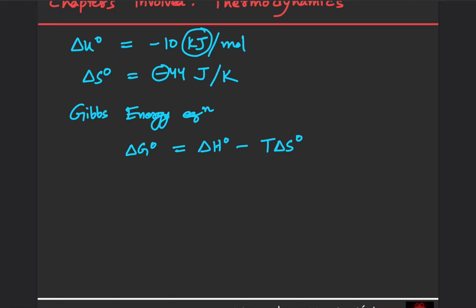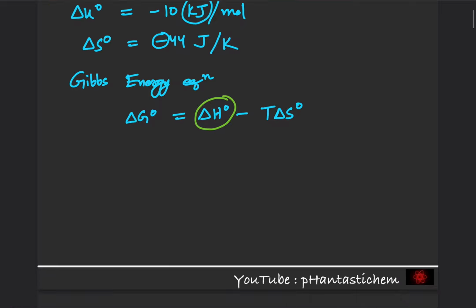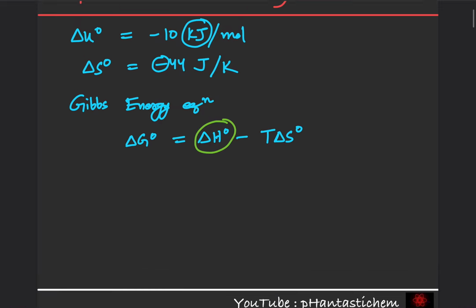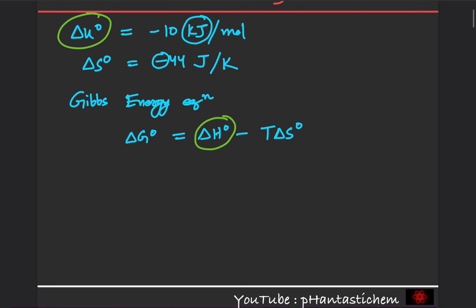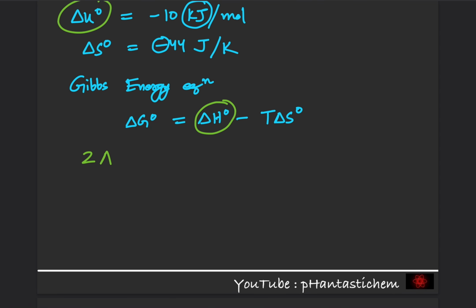But we don't know delta H naught in this equation, the standard enthalpy change. We don't know this, but they have given us delta U naught, and also the reaction is given to us, which is useful. 2A gaseous plus B gaseous forming 2D gaseous.